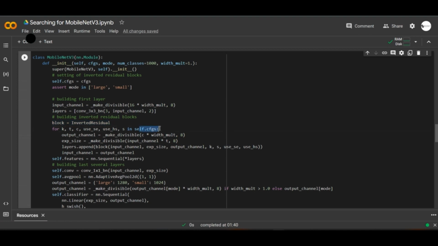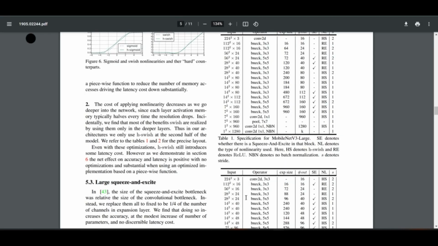We loop through all our configurations, and we append this block, which is the inverted residual. So we append all of these configurations within this block. You can imagine that we're creating multiple blocks, creating all of these inverted residual blocks.